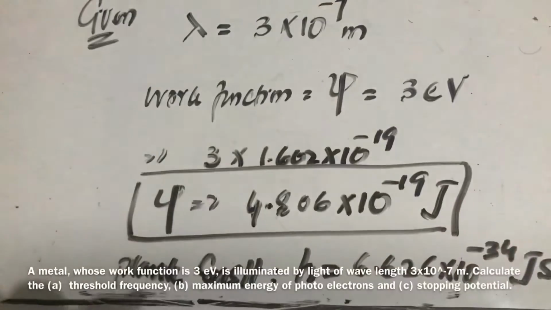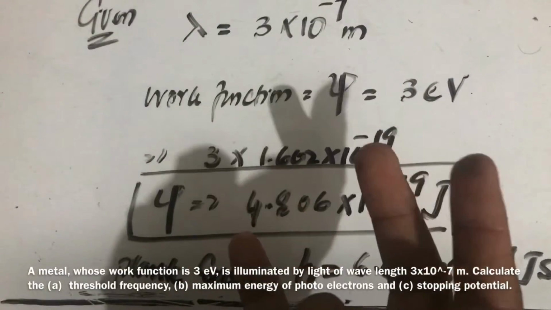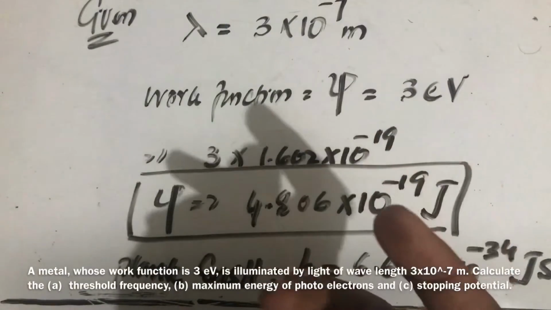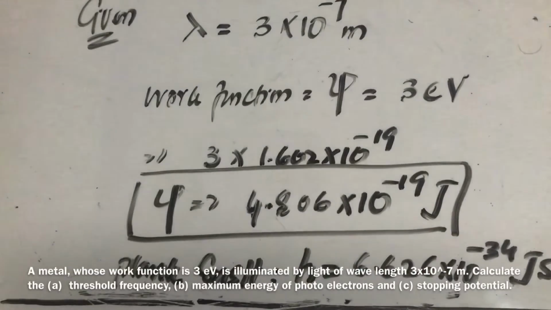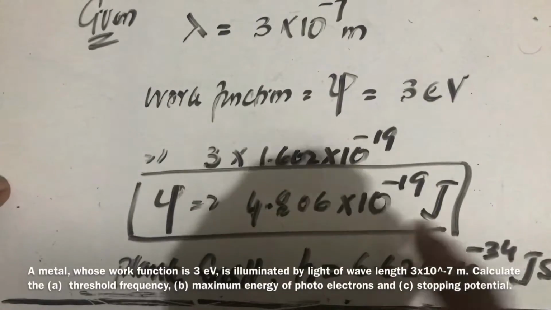Now this is the given data. Now they want to find three things: threshold frequency, maximum energy of photoelectrons, and stopping potential. Let's start to find their values.